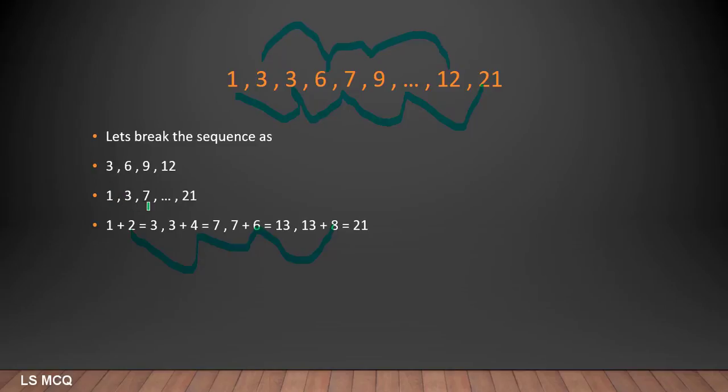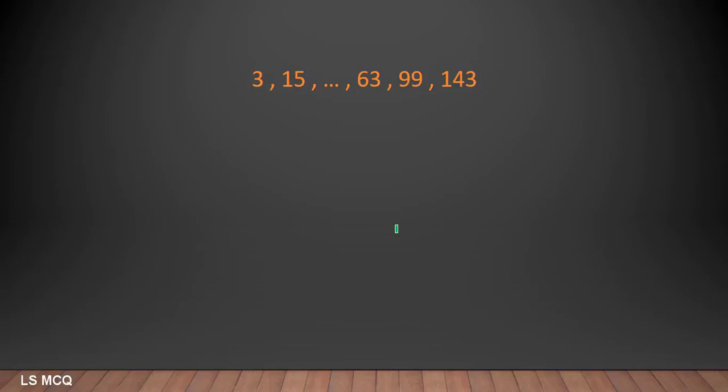From 7 we jump 6, it's 13. From 13 we have to jump 8 to get 21. So I think our pattern has matched, and this is the right answer. The number we are looking for is 13. Let's move on to the next question.